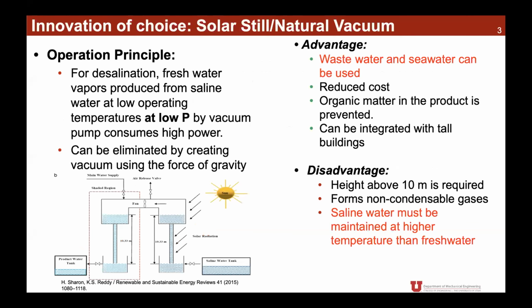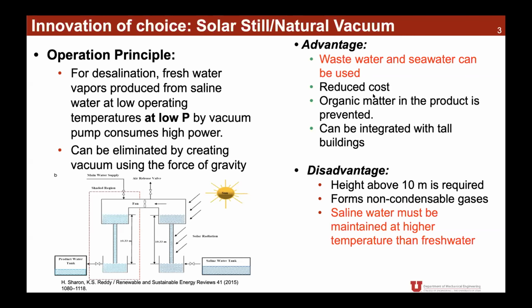Our proposed innovation, excuse me, I'm a little sick. Our proposed innovation of choice is a solar still and natural vacuum combination. The operating principle is that fresh water vapors are produced from the saline water, which operates at low temperatures and low pressure because of the natural vacuum. Some advantages are that wastewater and seawater can be reused, our innovation is significantly lower in cost, organic matter fouling can be prevented, and it can be integrated with large buildings, which makes it commercially appealing.